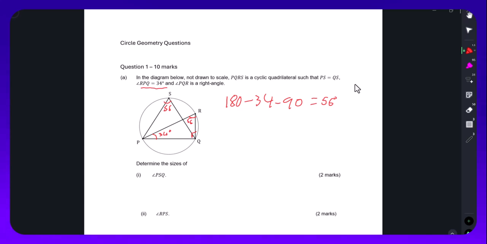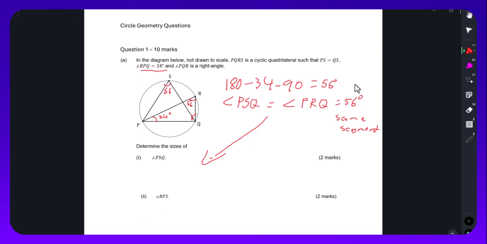So angle PSQ equals angle PRQ, and that's the same segment. And that is all that is needed for part I.